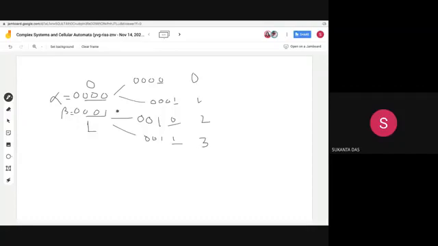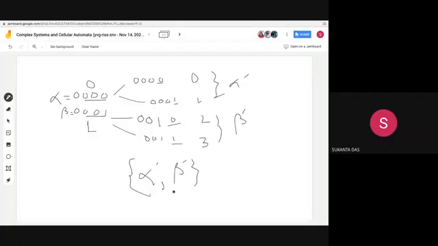Now these are forming my alpha dash, and these two are forming my beta dash. I mean, anyone can be alpha dash and anyone can be beta dash. So now I want to form a set with alpha dash and beta dash.